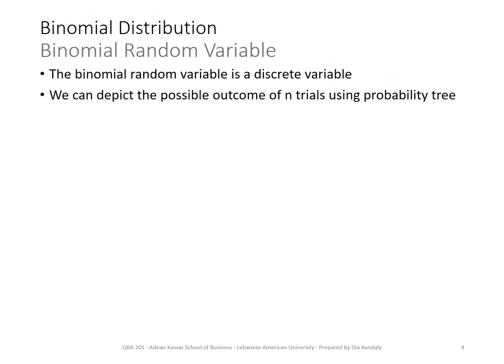As I mentioned earlier in the flipping coin example, the variable that we defined, the number of heads observed after flipping the coin 4 times, will have a very limited number of values. So that's it. It's either 0, 1, 2, 3, or 4. It cannot be more than that.